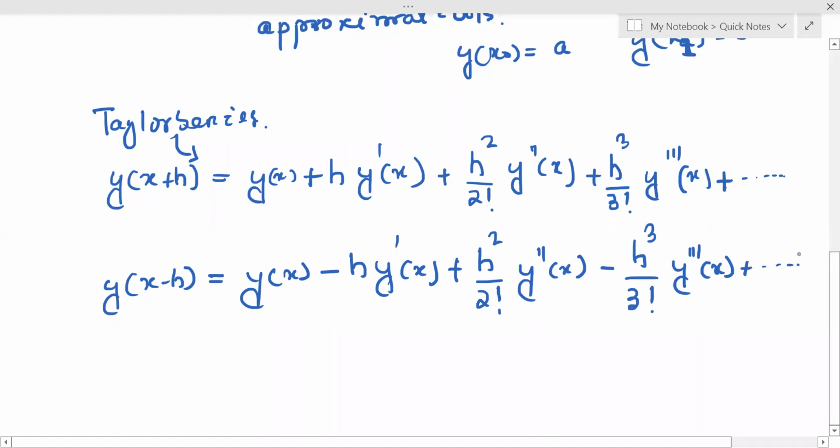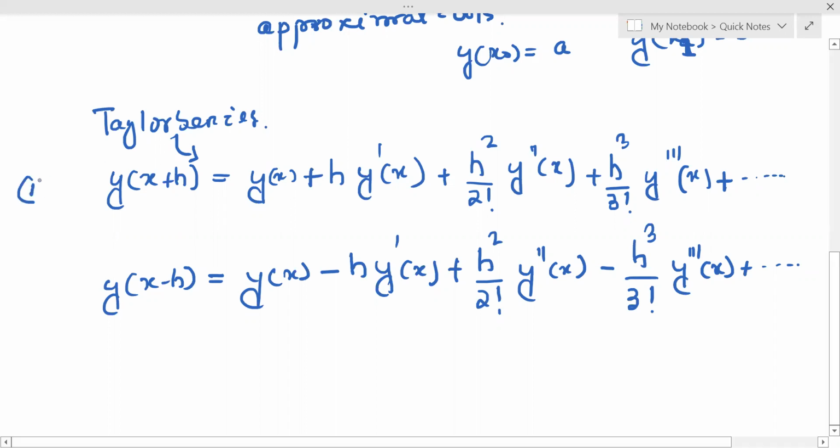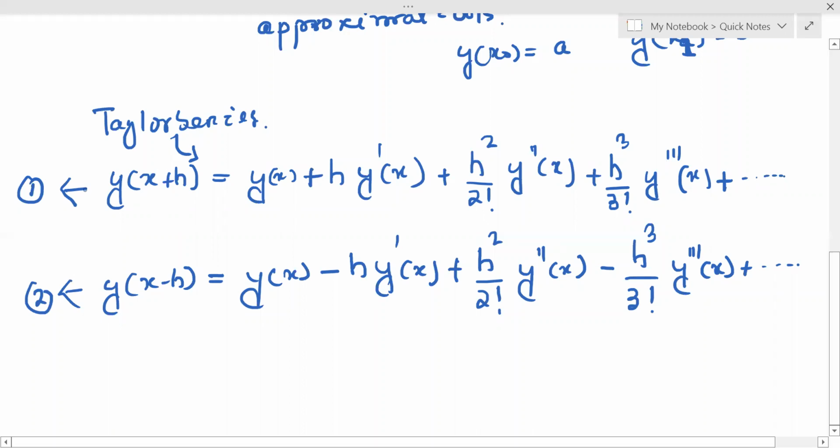Just look at y of x plus h and y of x minus h. Name these equations 1 and 2. Now take the difference of equation 1 and equation 2.